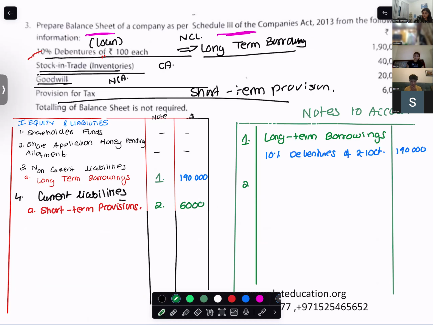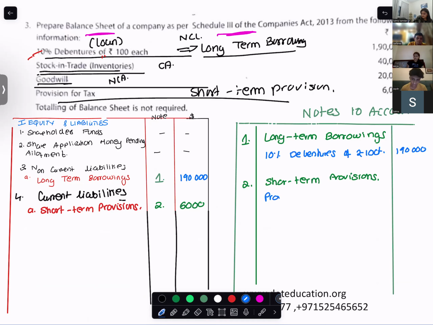So my note number 2 will be for what? Think and tell me. My note number 2 will be for short-term provisions. Under short-term provisions, what do I have?